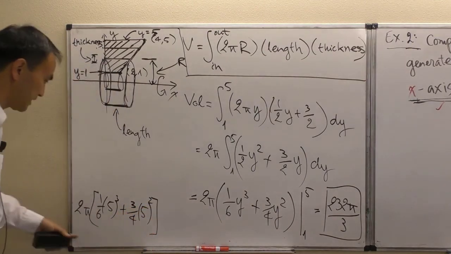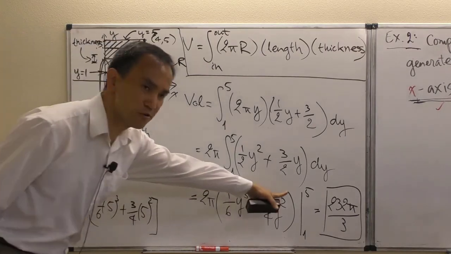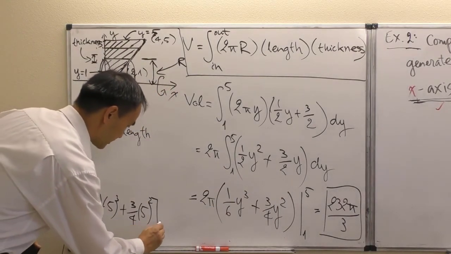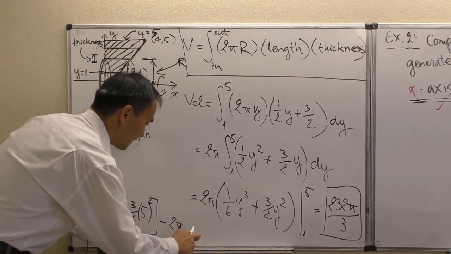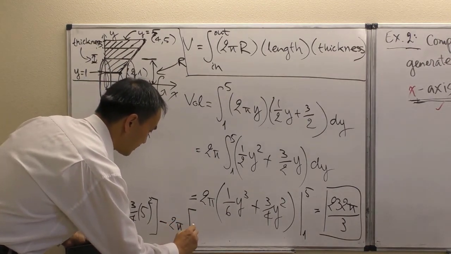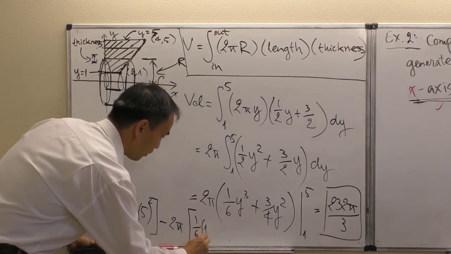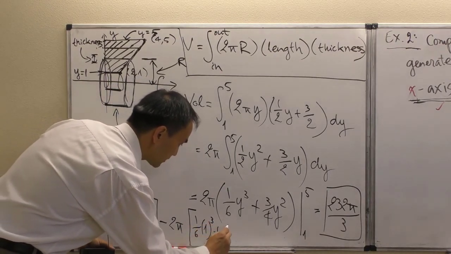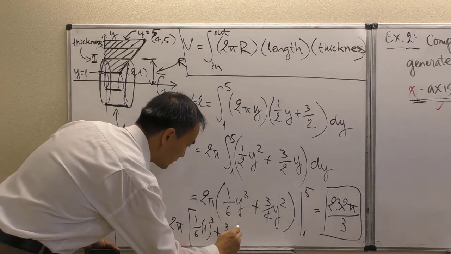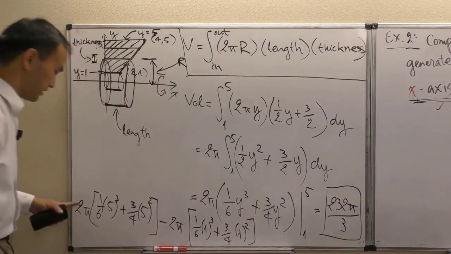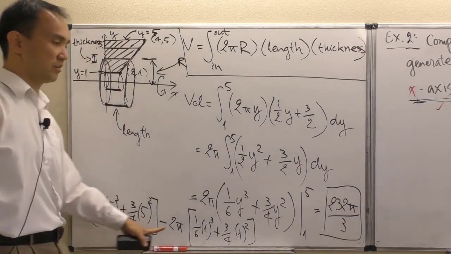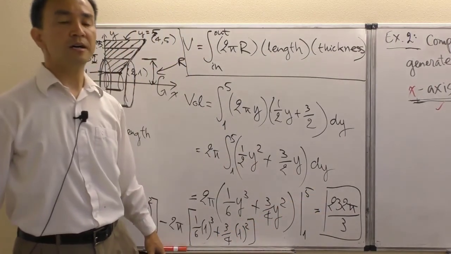That's the antiderivative evaluated at the upper limit, and then I'm going to subtract 2 pi times 1/6 again times 1 cubed plus 3/4 times 1 squared. Doing this setup will arrive us at 232 pi over 3.